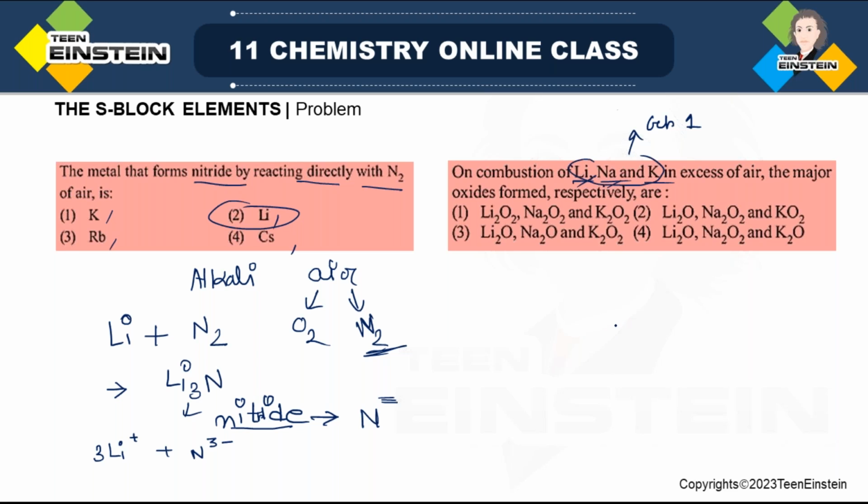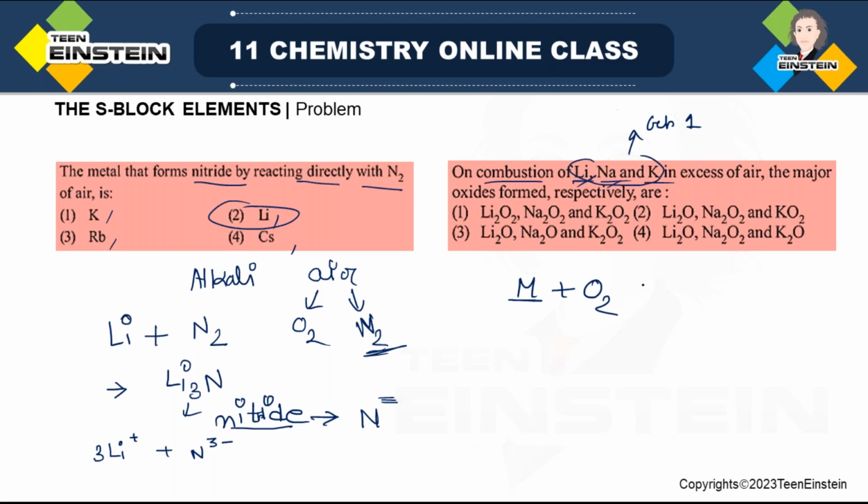Okay. So combustion of lithium, sodium, potassium, it is saying in a different way, it is using some different word. Combustion is a reaction with oxygen. So it is not directly saying reaction with oxygen. It is simply saying in another way, combustion of lithium, sodium, potassium in excess of air. So it is basically reaction of metals with oxygen.